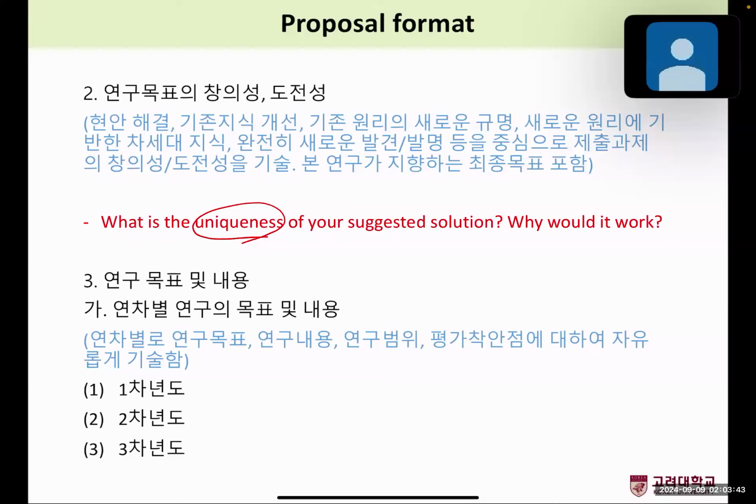is the suggested research. And then the next part will be the objective and also the content of the research, depending on the yearly plans, right?